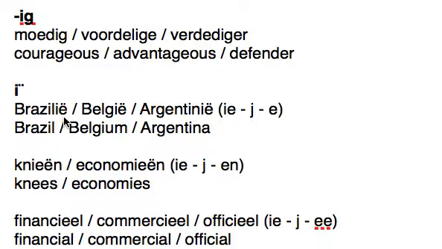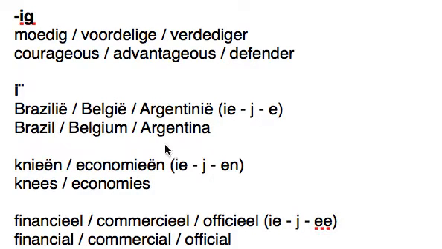So what you have to do is to pronounce it as follows: I, Y, E. Of course, when we talk a little bit faster, we're going to say je. So it won't be as clear as when I say I, je. No, it's going to be Brazilië.